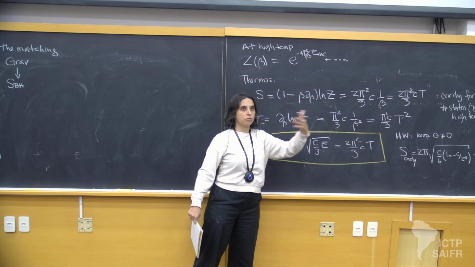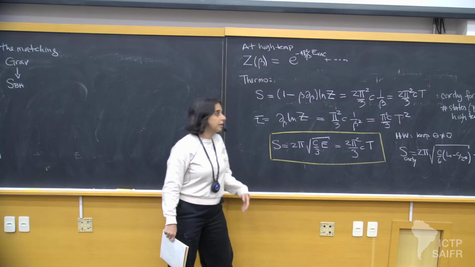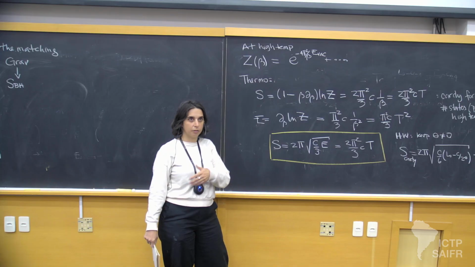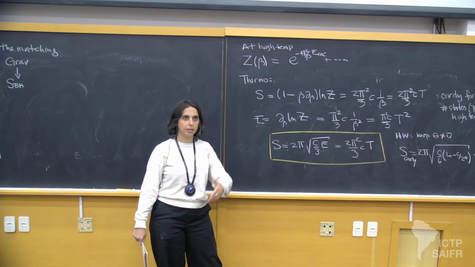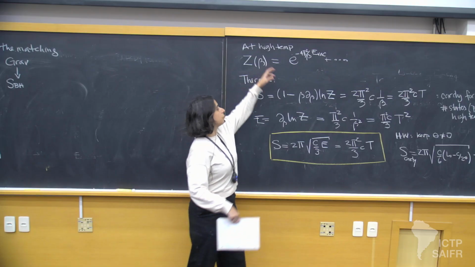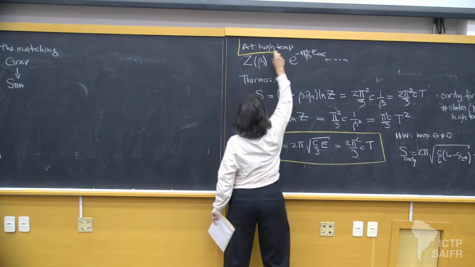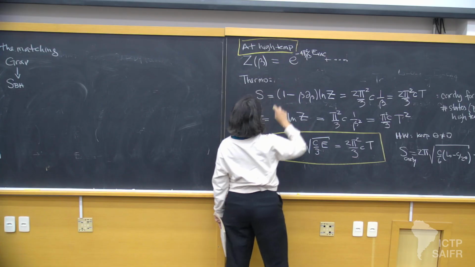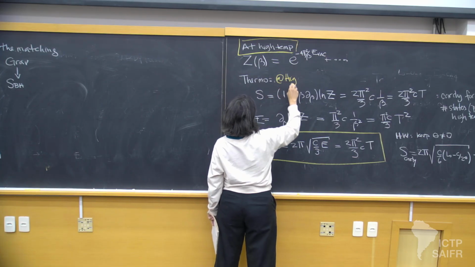It's just describing the states at high temperature. If you want the states at any given temperature, then you compute the partition function and you extract the appropriate Fourier coefficient. But here I'm only doing this at high temperatures. So this is the thermodynamics at high temperature.